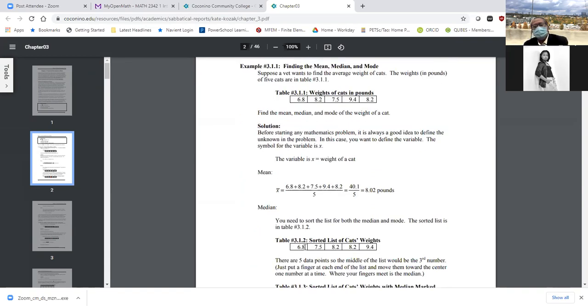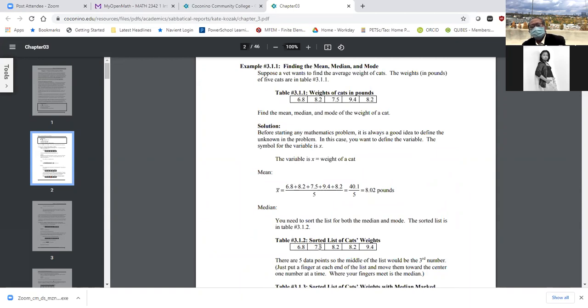For the median, you need to sort the data first. This data is not sorted, right? It starts with 6.8, the smallest or minimum value, and then the next one will be 7.5.